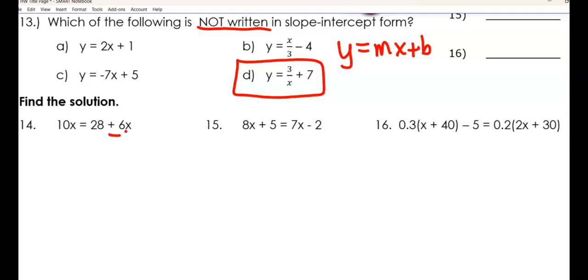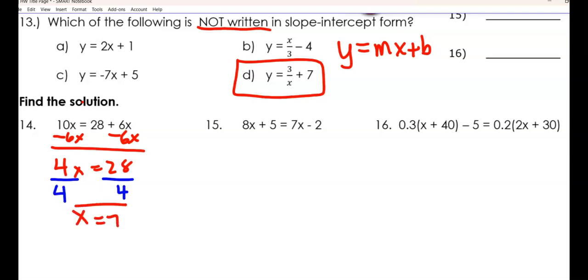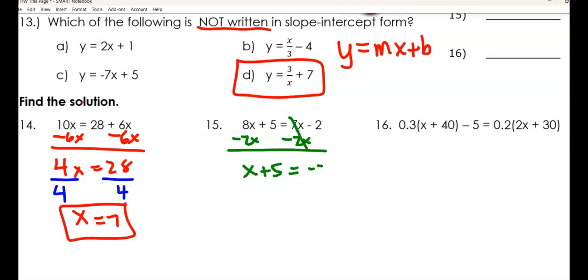Number 14, find the solution by using inverse operations. Don't forget to write your inverse operation equally on both the left and right side of your equation. Now you can solve your problem in a different order than I'm solving mine, but we'll always get the same final answer.